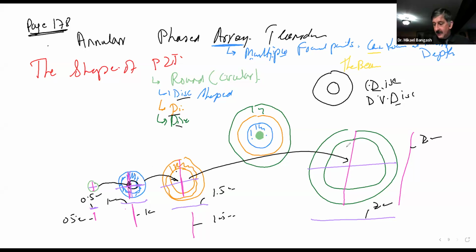Now please, although in your book you only see 4 crystals or 4 PCTs given, and I just drew 4 PCTs here, that doesn't mean that there's going to be a standard of 4 crystals in an annular array transducer. That can be 5, that can be 8, that can be 10. Clear? Did that make sense?